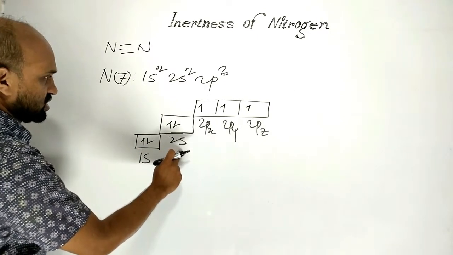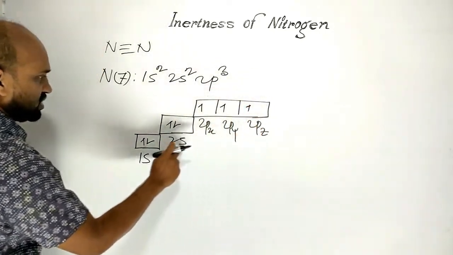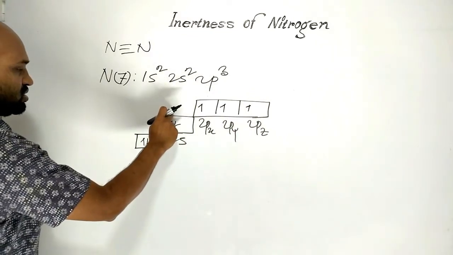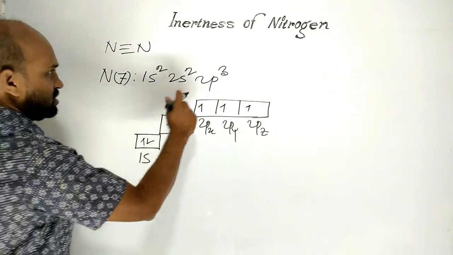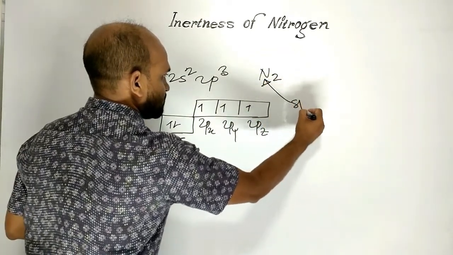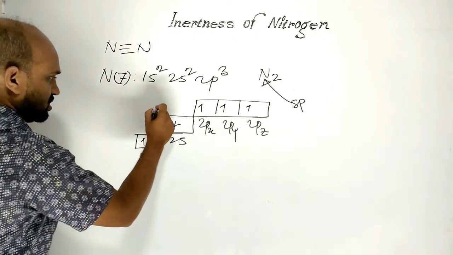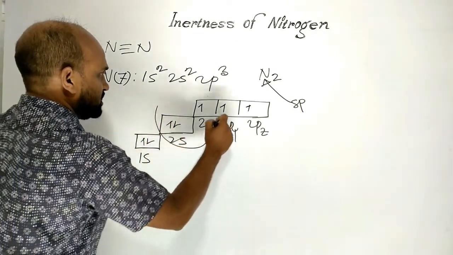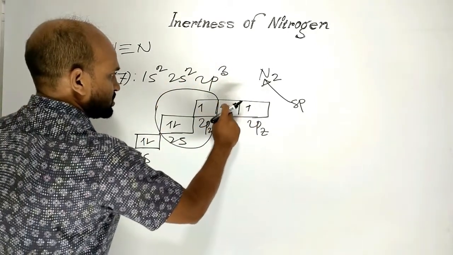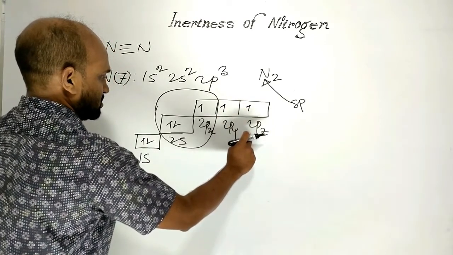In the valence shell of nitrogen, there are 5 electrons: 3 unpaired electrons and 1 pair of electrons. In the nitrogen molecule, nitrogen is sp hybridized. That is, s and p hybridization occurs and the 2 orbitals, py and pz, remain unhybridized.